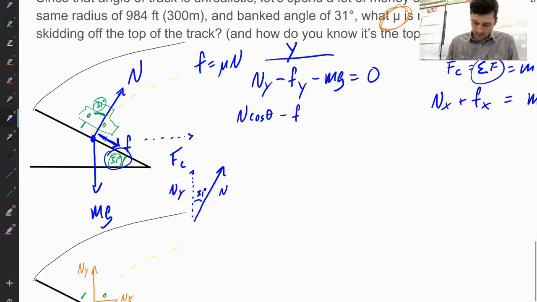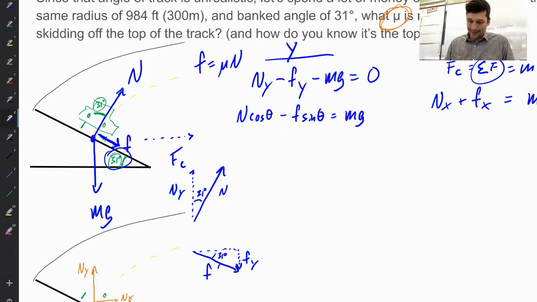Friction is like this down here, and the angle of elevation there, by alternate interior angles, so there's where our 31 degrees is. For friction, the y component is the opposite side of this triangle, so we're going to use sine. So friction times the sine of theta equals mg. Move mg to the other side.